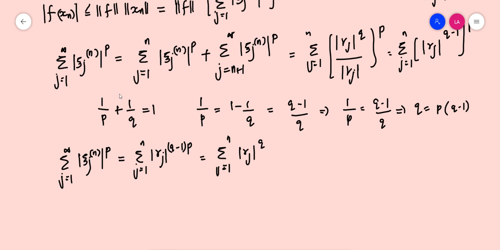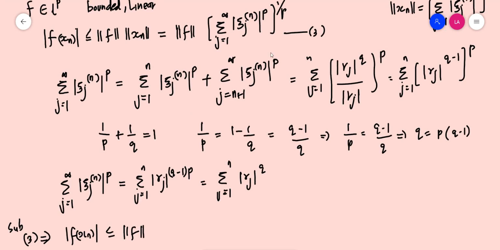Now if we substitute in the expression, modulus of f of xn, calling this equation number 3, implies f of xn is less than or equal to norm f times norm xn, which is the summation j equal to 1 to infinity of modulus of theta jn the whole raised to p, the whole raised to 1 by p.